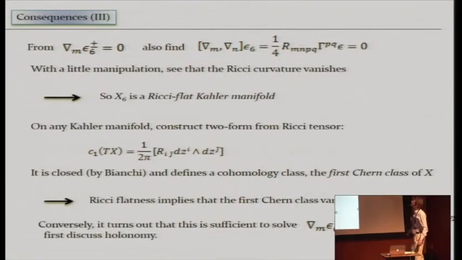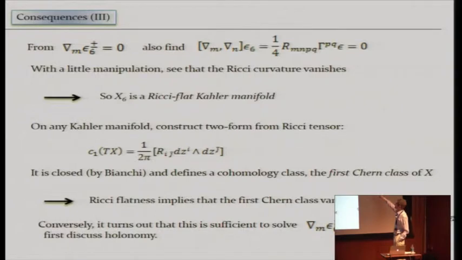Okay, further consequences. Well, I could have done this one at the beginning, I suppose. So if epsilon on X6 is covariantly constant, just by taking the anti-commutator, the anti-commutator is just going to give you the curvature. Okay. So you find that the curvature contracted in this combination with gamma^{pq} acting on epsilon must vanish. And now again, a little manipulation.